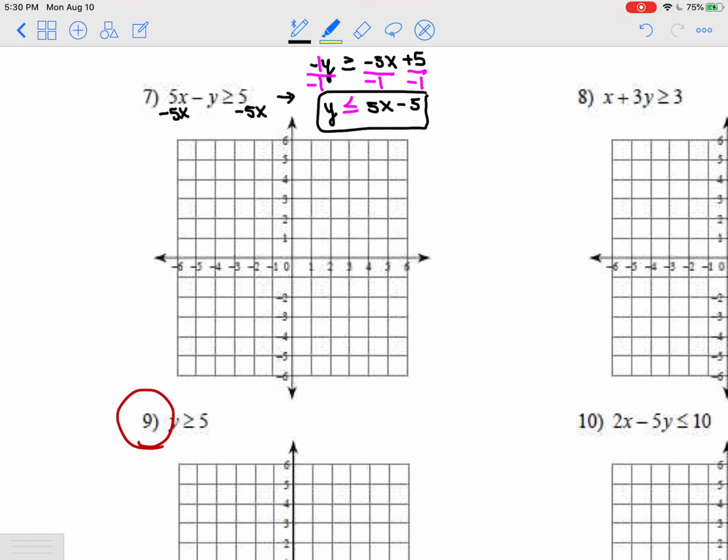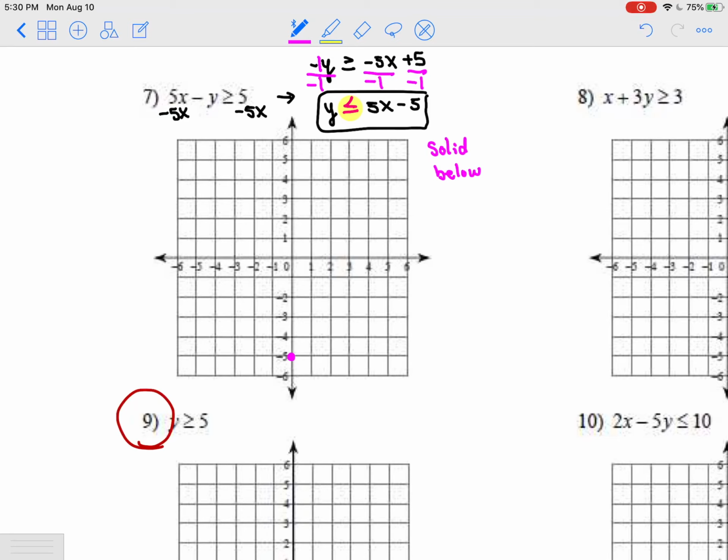Okay, so looking at our sign, less than or equal to, we know we've got the or equal to, so it's a solid line. Less than, we know it's below. All right, so let's go ahead and graph this.